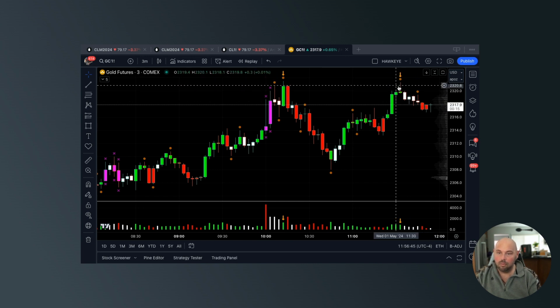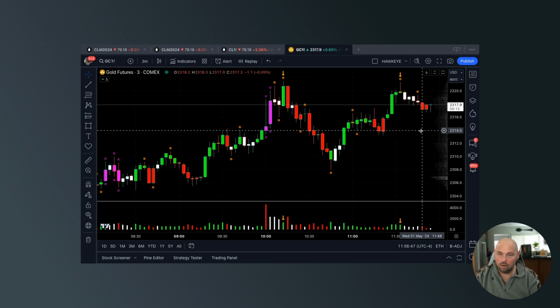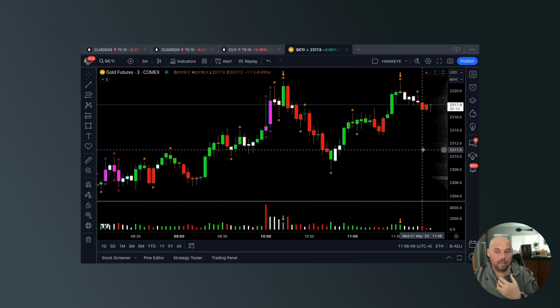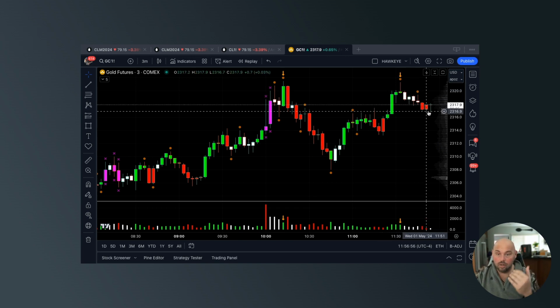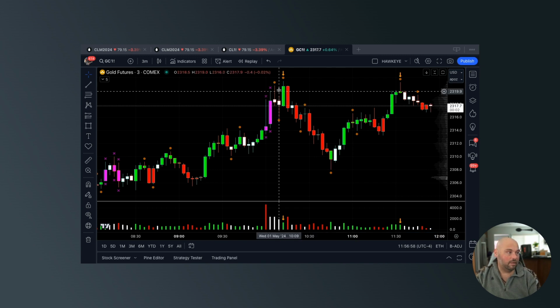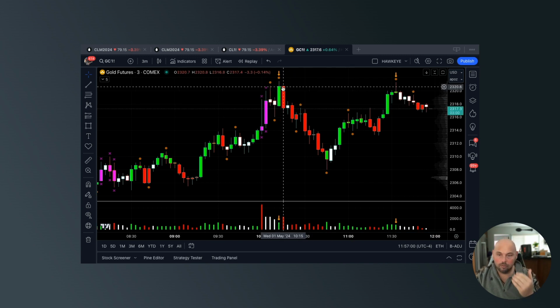Now, whether this double top holds and we sell off for the rest of the day or not, I don't know the answer to that yet. Okay, but I do know that with confidence, I knew this was going to fall back to some degree. Just like with confidence, I knew that this top was going to fall back with some degree of certainty based around my understanding of both volume and price action.